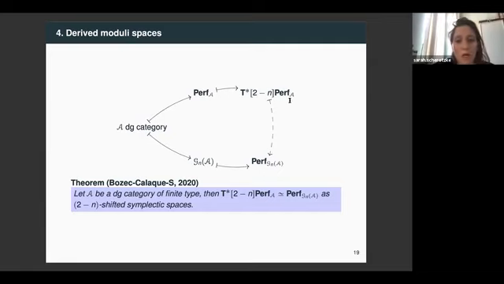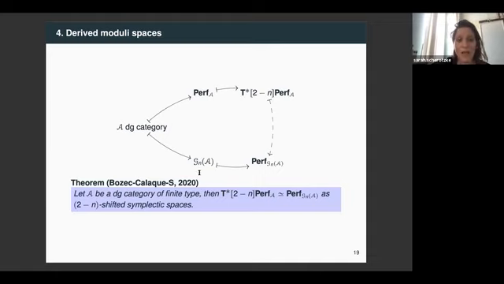Okay, so we can go along the top. If you take a DG category, you can produce a space out of it, and using the construction of taking the (2 minus n)-shifted cotangent complex, you can produce a (2 minus n)-shifted symplectic structure. This is what we've seen so far. We've also seen that if you have a DG category, you can go along the bottom.